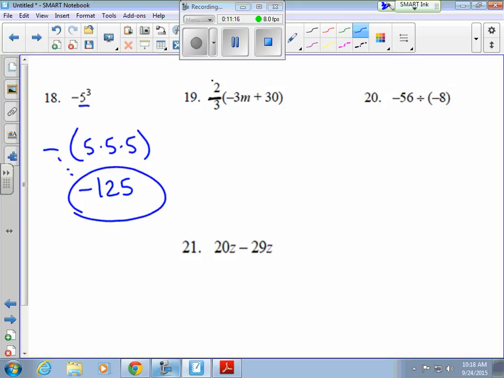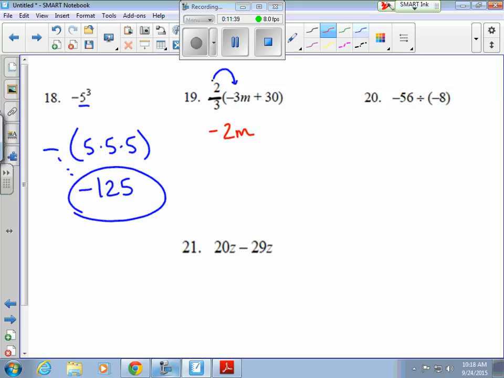2/3 times negative 3m plus 30. Distribute 2/3 to both of them. 2/3 times negative 3. It looks like this. 2 over 3 times negative 3 over 1. This cancels this out. So it's like 2 times negative 1, which is negative 2. Negative 2m.